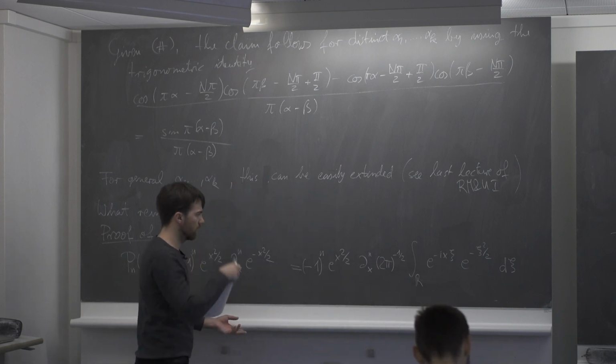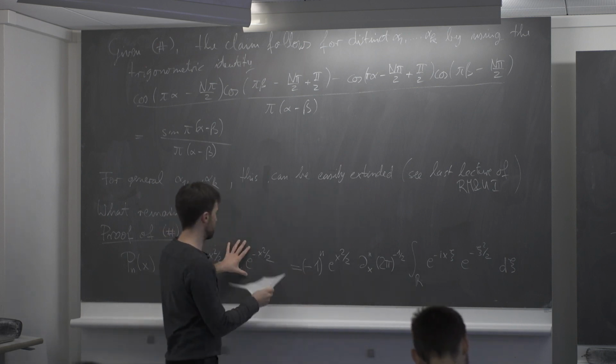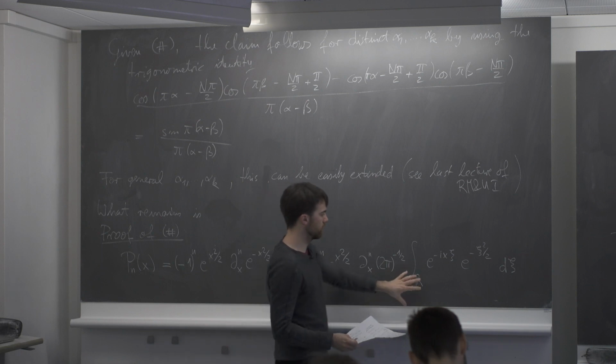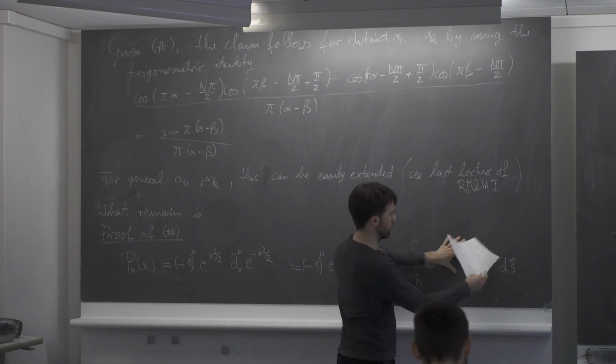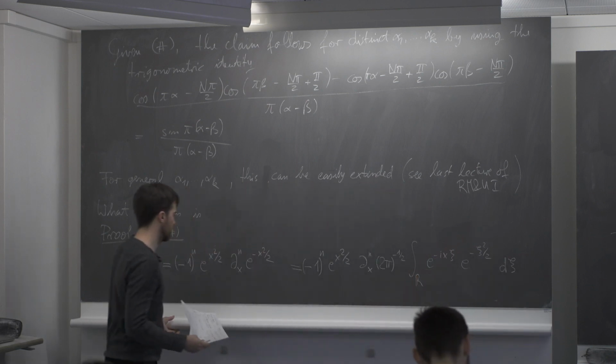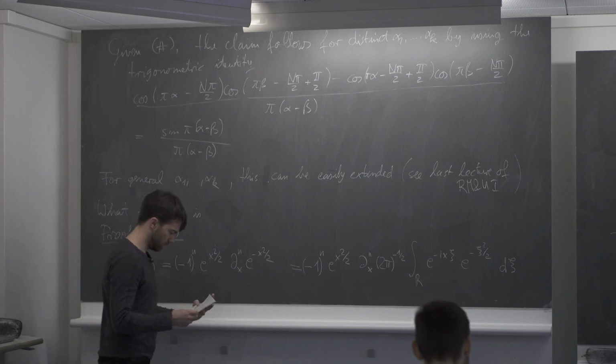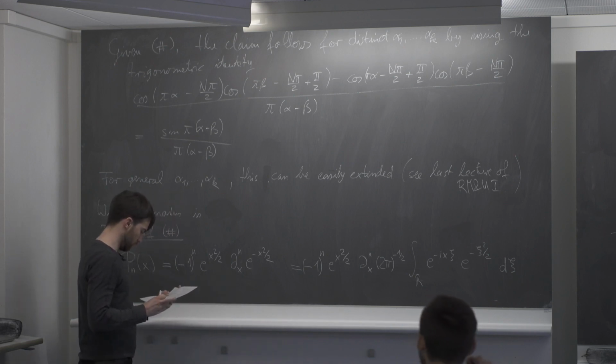Okay? So I just replace this here by its Fourier transform, and it's the Fourier transform of the same function, right? I hope you've seen that. If not, let me know, and then we can make a homework problem out of this.